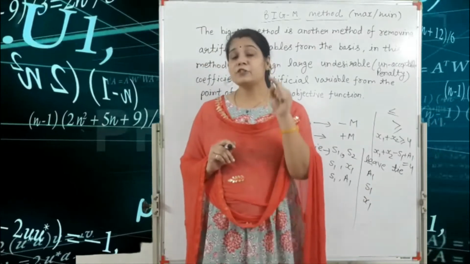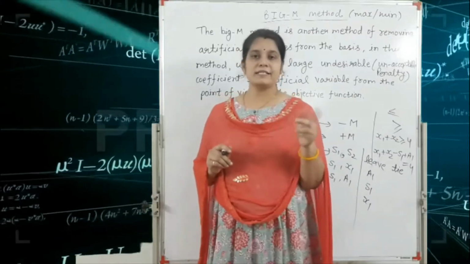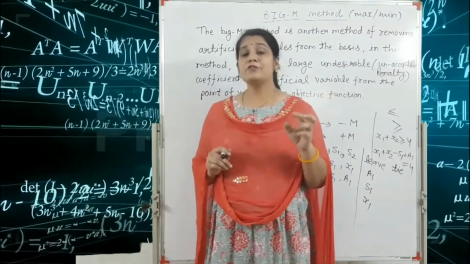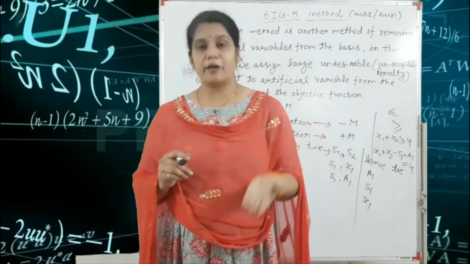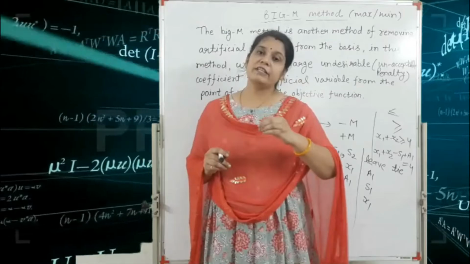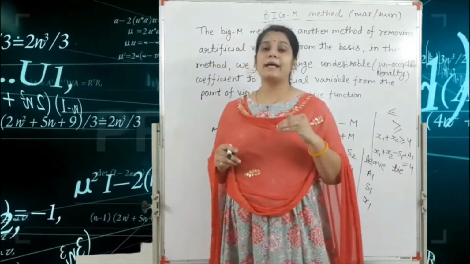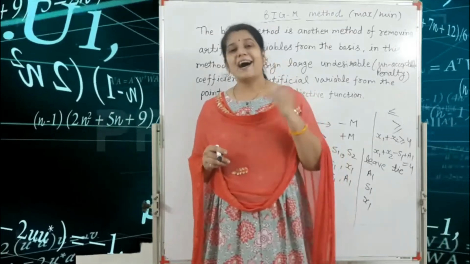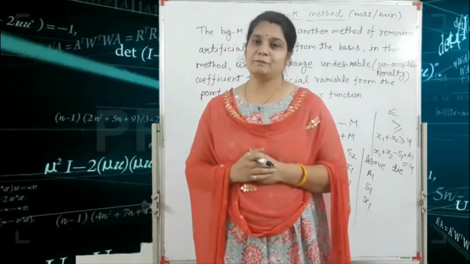But in the two-phase method, the question can be given in maximization or minimization, but you always solve in the maximization format. That means for the two-phase method, if your question is given in minimization form, first you convert it into maximization format. After that, you apply the two-phase method.